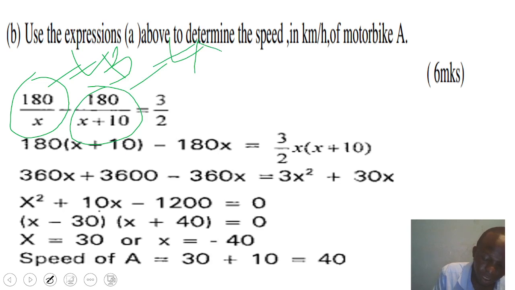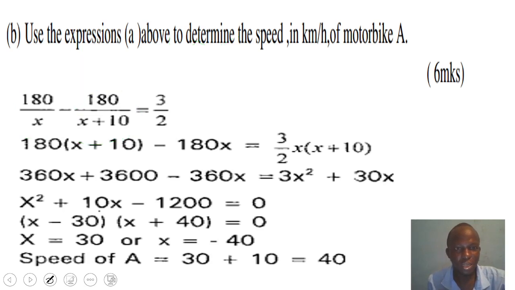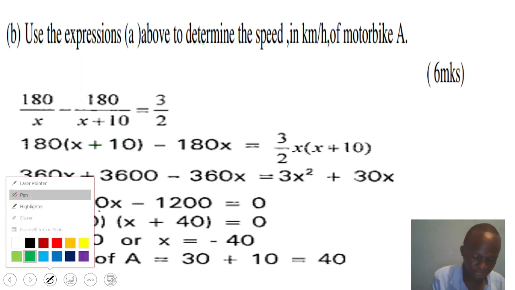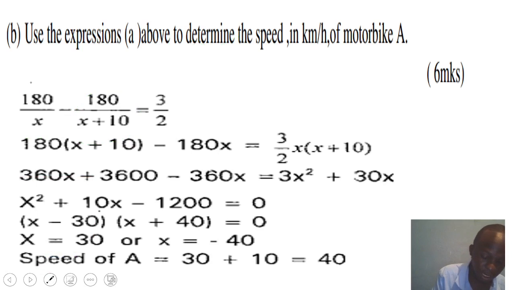When you equate the two together, you find 3/2. Let me illustrate it once again. This is our TB. This is our TA, that when you get the difference, you find 3/2.